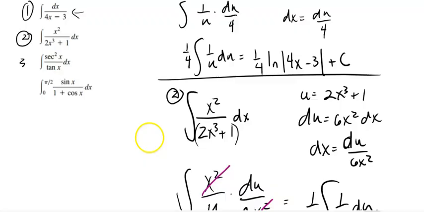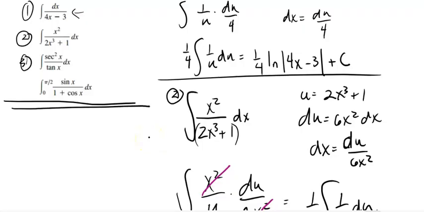Number 3. These ones are tricky because they're even harder to see that relationship. Well, maybe not. That one's u prime. So here's what I mean when I do u prime over u. If you let u be the tangent of x, then du is secant squared. Once you know it's u prime over u, you can use your formula: the natural log of u is your answer.